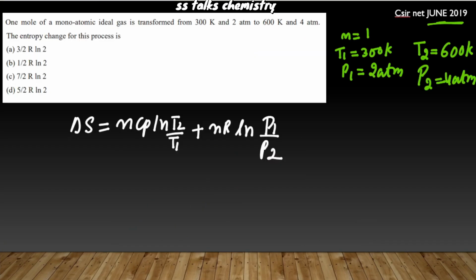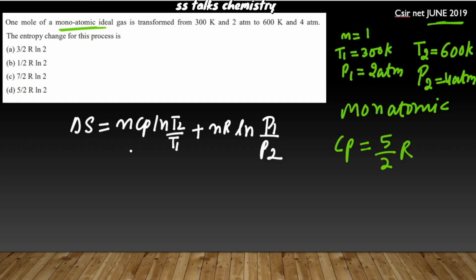But here it is in terms of CP and the ratio is P1 by P2. Remember these formulas, okay? So which type of gas is it? The n value is 1 and the monoatomic gas is given to us. For monoatomic gases, the CP value is 5 by 2 R.